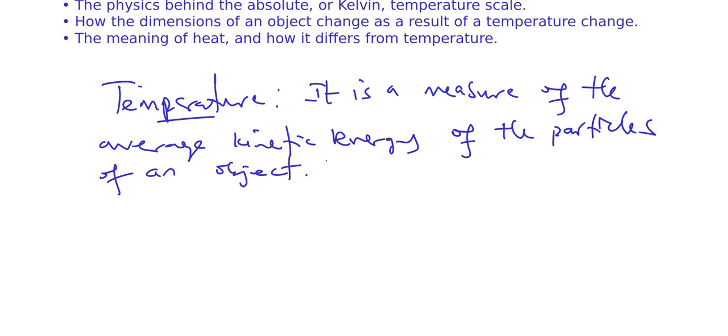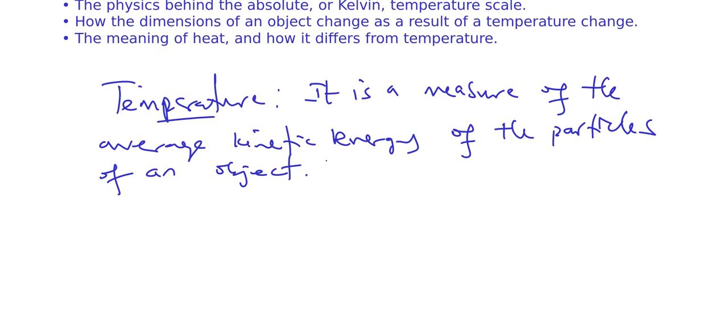So the temperature is actually related to kinetic energy. Later we'll see the mathematical relationship between temperature and kinetic energy. The more the kinetic energy of an object, the higher the temperature. The lower the kinetic energy of the particles of an object, the lower the temperature.